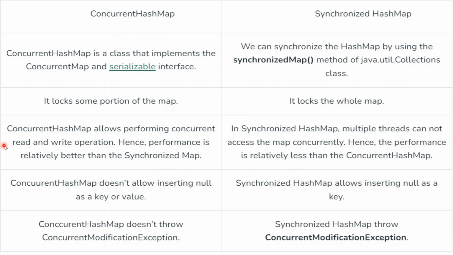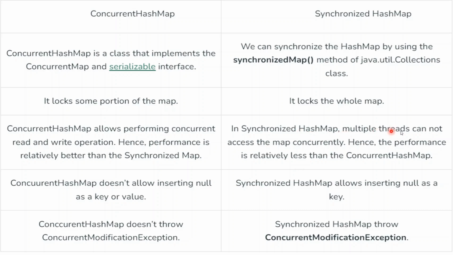In short, ConcurrentHashMap allows performing concurrent read and write operations, hence its performance is relatively better than synchronized map. Read means we can iterate, and we can also do some modification. When we are doing read and write in parallel, performance is better than synchronized HashMap, because in synchronized HashMap we can do only one operation.